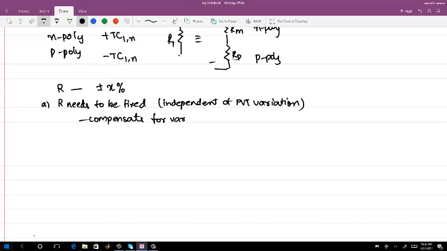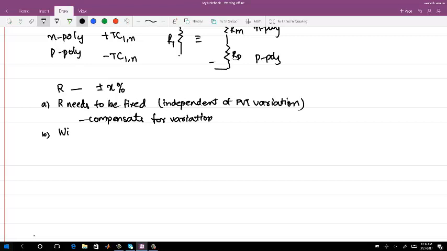And the other case is if I want to change the loop dynamics depending on the frequency which I want. If I am operating with a different reference frequency, I may not want to have the same loop components, so I have to change them.